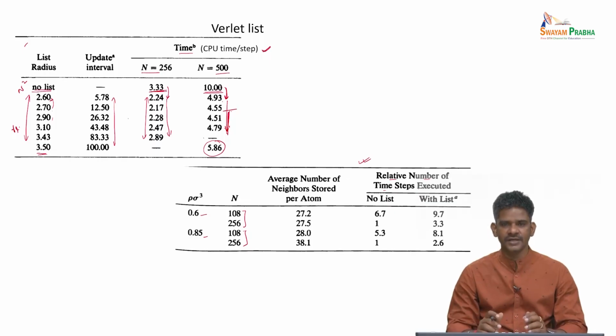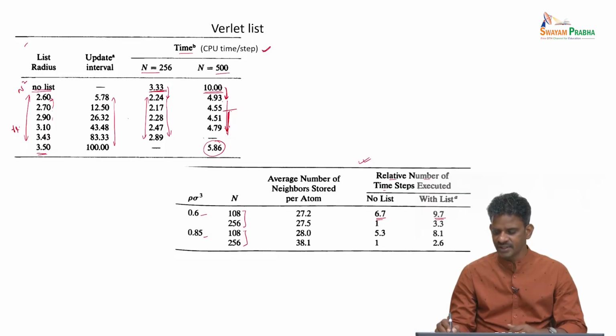So clearly, if you have a faster algorithm, you could have done more steps, and that is what is evident here. You can see without a list, you are able to do only some 6, on average some 6.7 steps, whereas with a list you are able to do some 9.7 steps for a given CPU time. And you can also see that the effect is more dramatic in the case of a larger system compared to the smaller system.